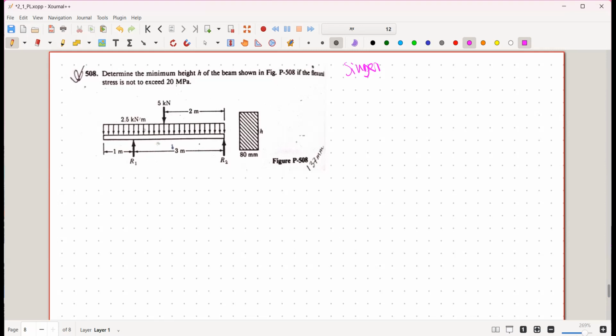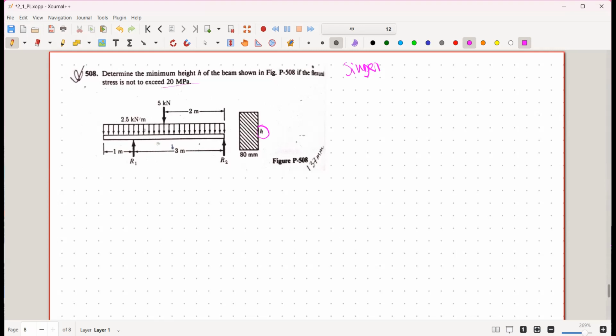Let's solve this problem first. We are asked to determine the minimum height h of the beam if the flexural stress does not exceed 20 megapascal.